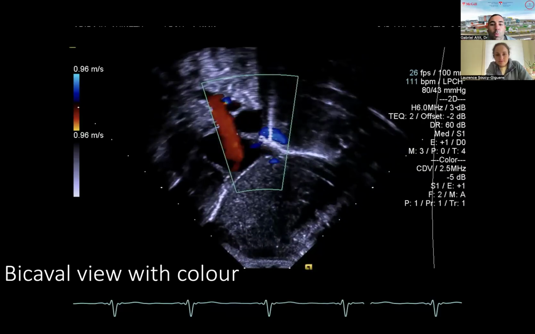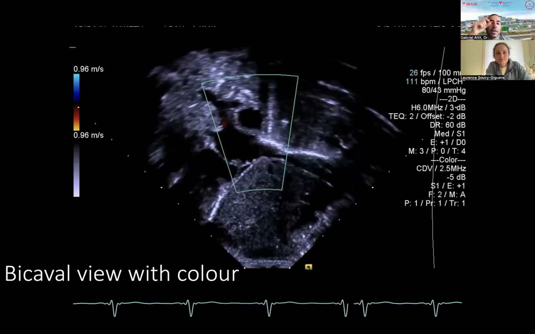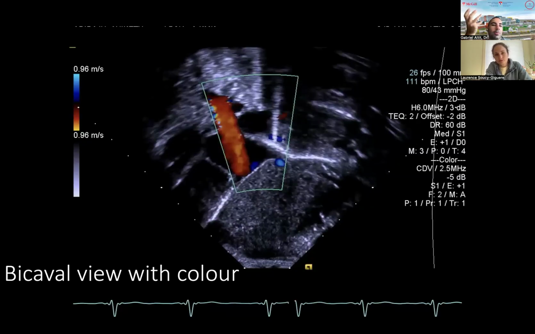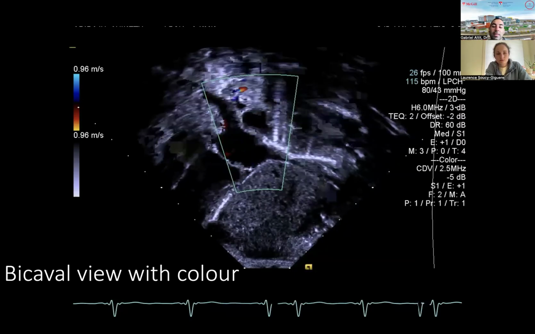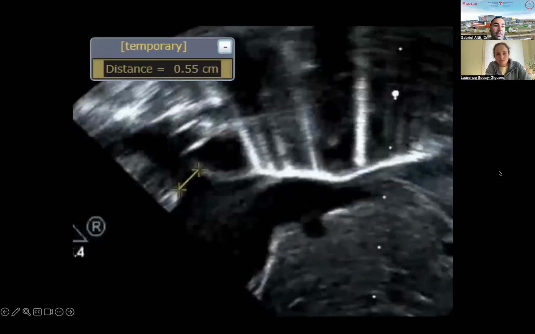But if the IVC is well opened, it just means that the RA pressure is about 4 to 6, so within normal limits. But that could also be because the baby is intubated on mechanical ventilation and is exposed to high intrathoracic pressures. So then your RA pressure could be slightly elevated, and your IVC might still be a bit juicy. While if your kid has NEC and septic shock, maybe your kid still needs a bit of filling.